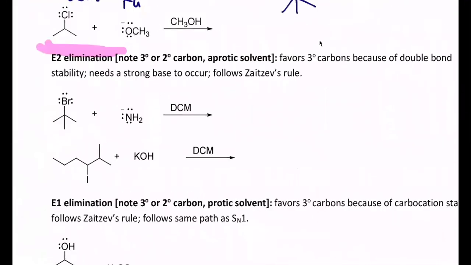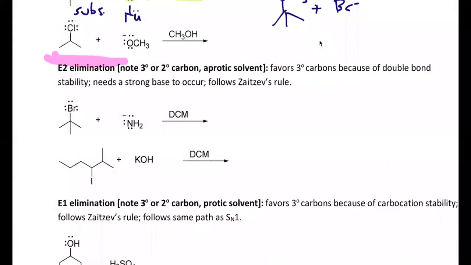Right. So let's look at that for the E2. It gives you over here the different characteristics. I'm going to do the second one, by the way, because the top one won't teach us a lot, but the second example will teach us a lot. So for the top one, the characteristics, you favor tertiary carbons, right?